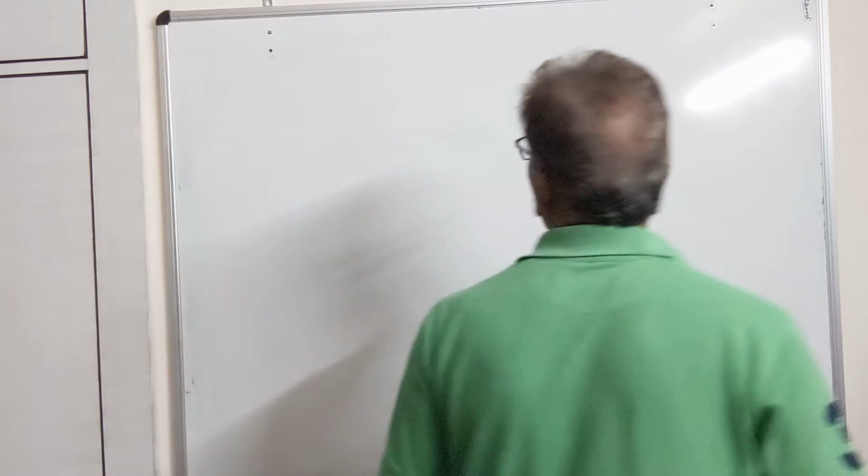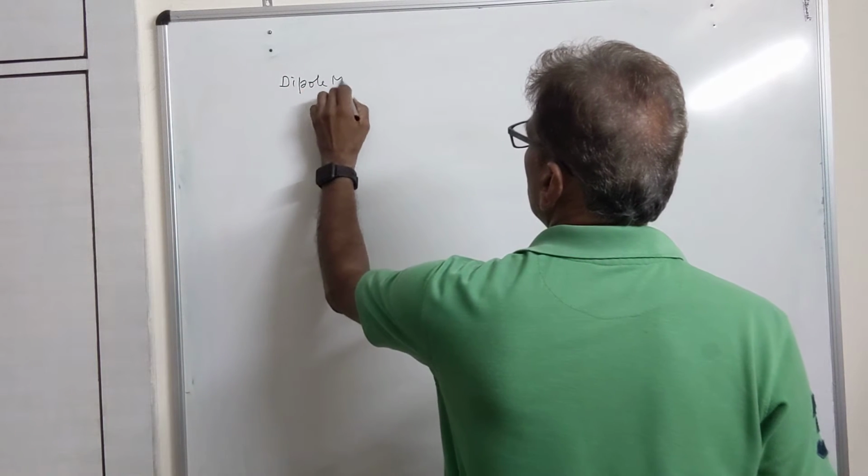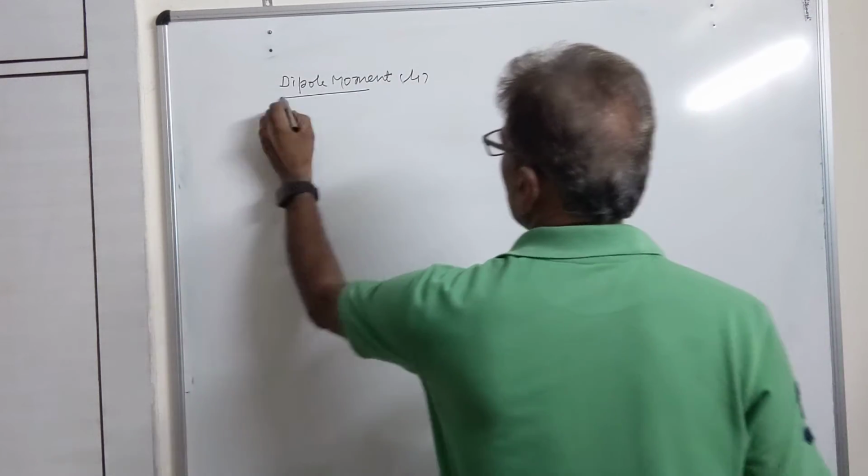So what is dipole moment? It is represented by mu, it is a vector quantity.